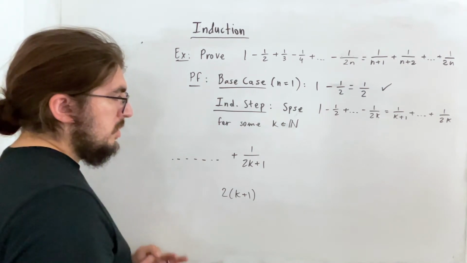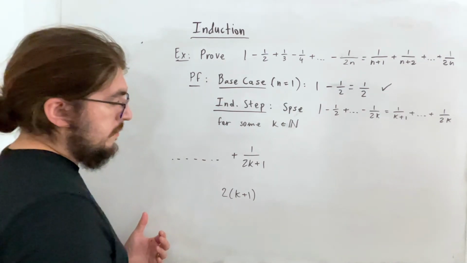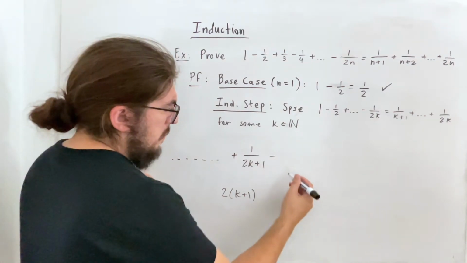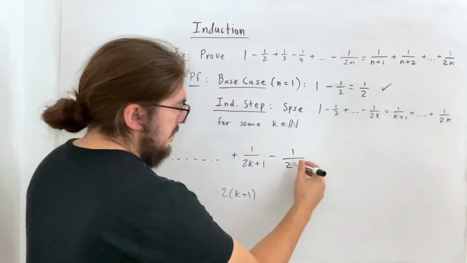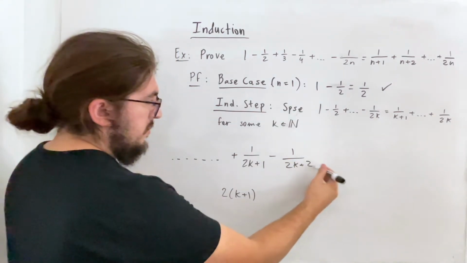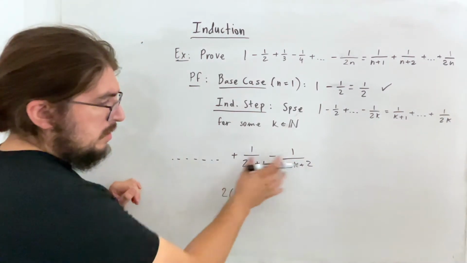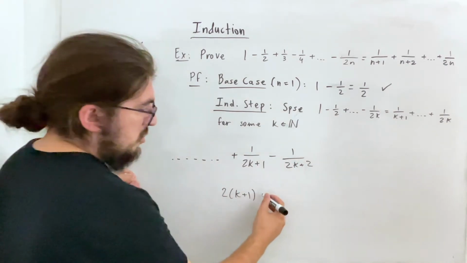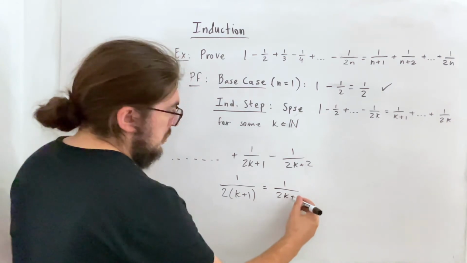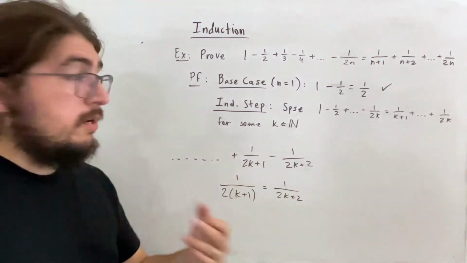Okay. So we need to add actually a few terms here. Well, maybe not a few terms, but we're actually almost done because then we would just have 2k plus 2. So that's a term that comes after 2k plus 1. And notice it's minus because we're alternating. And if you distribute this in the denominator, then you get 1 over 2k plus 2. So actually that's it. We just need these 2 extra terms.